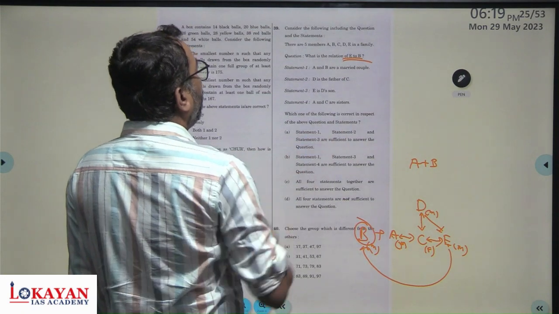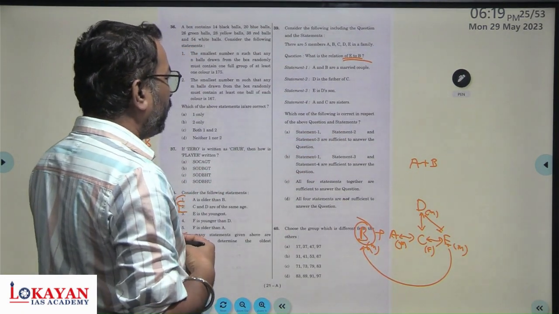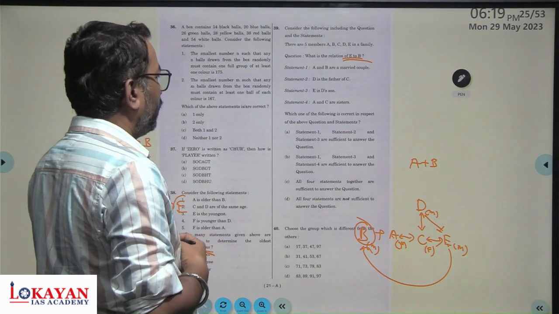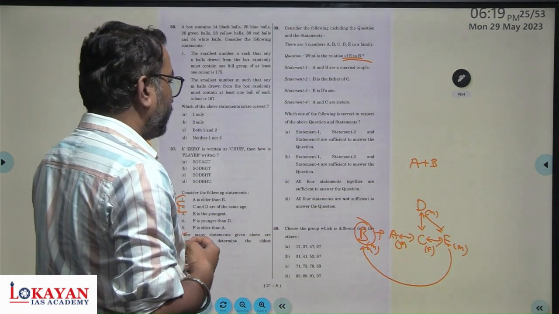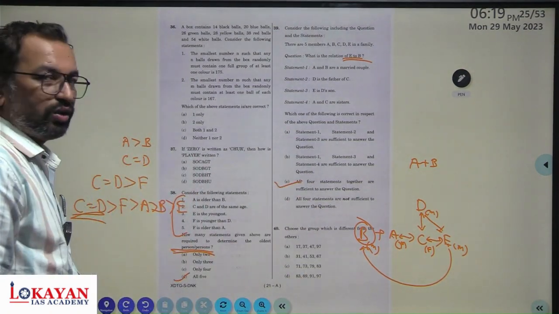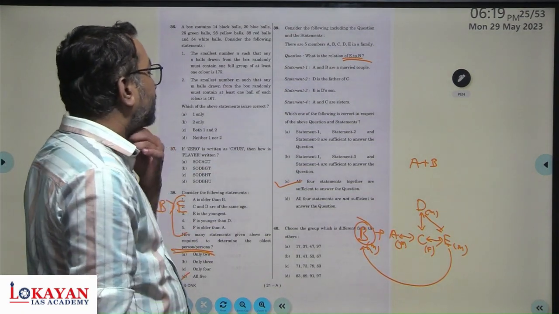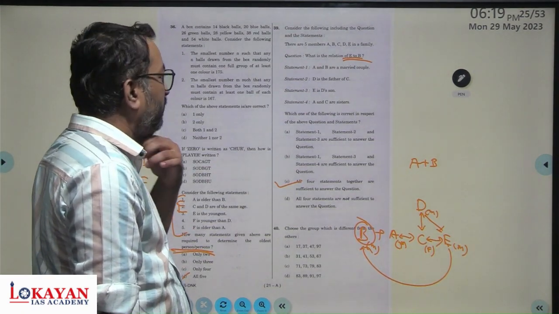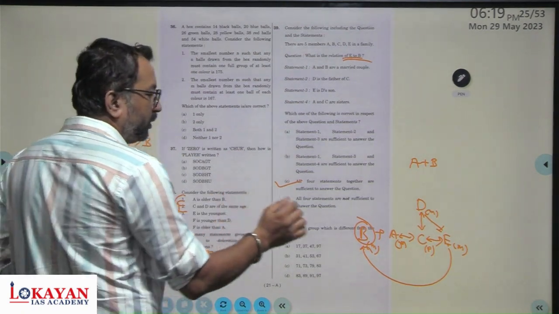But which one of the following is correct in respect of the above question? Statement 1, 2 and 3 are sufficient to answer the question. Statement 1, 3 and 4 are sufficient. All 4 statements together answer the question. All four statements are sufficient to answer the question because हमें चारों का use करना पड़ा है. So all four.